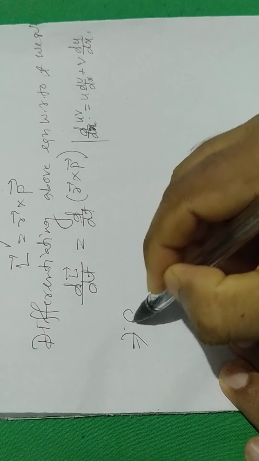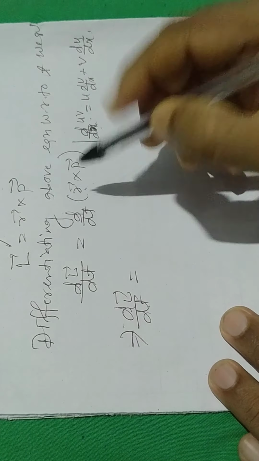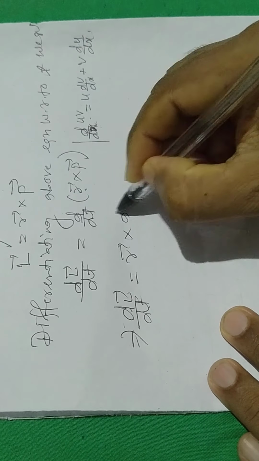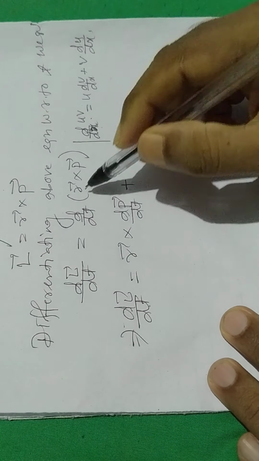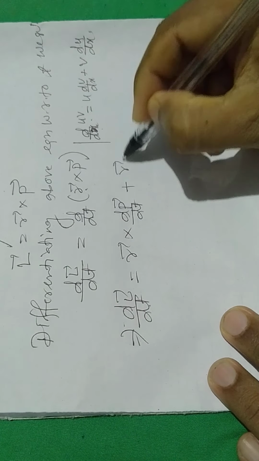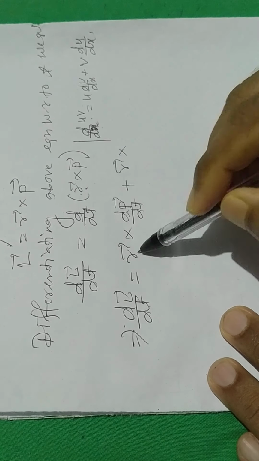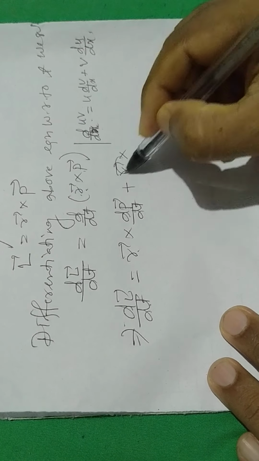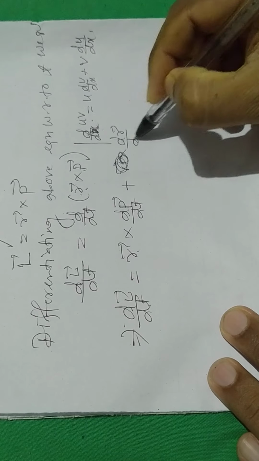In the same way, for dL by dt, we apply it: keep the first function, differentiate the second one, dp by dt, plus keep the second function, differentiate the first one.